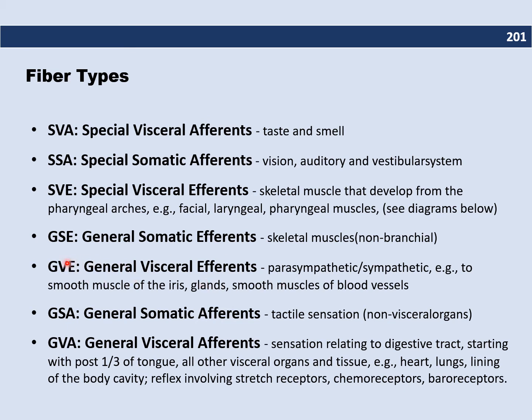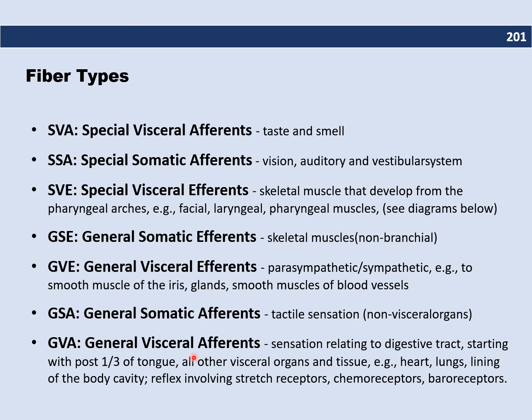But you'll also see GVA fibers for taste and smell, SSA for auditory, vision, and the vestibular system, SVE fibers for the facial and laryngeal muscles, and then general somatic afferents and general somatic efferents, and GVA, general visceral afferents.